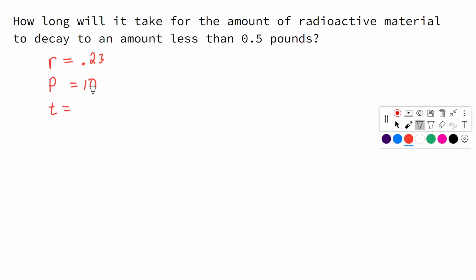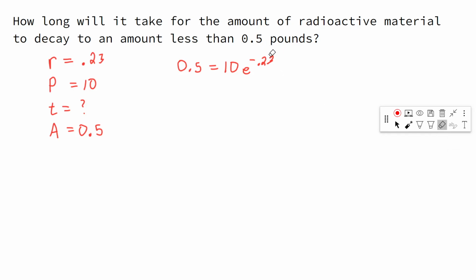We're being asked how long, so time is our question mark. And A is going to be 0.5. So if I use my decay formula, I'm going to have 0.5 equals 10 times e to the negative 0.23. Write that a little bit better. Negative 0.23 t.